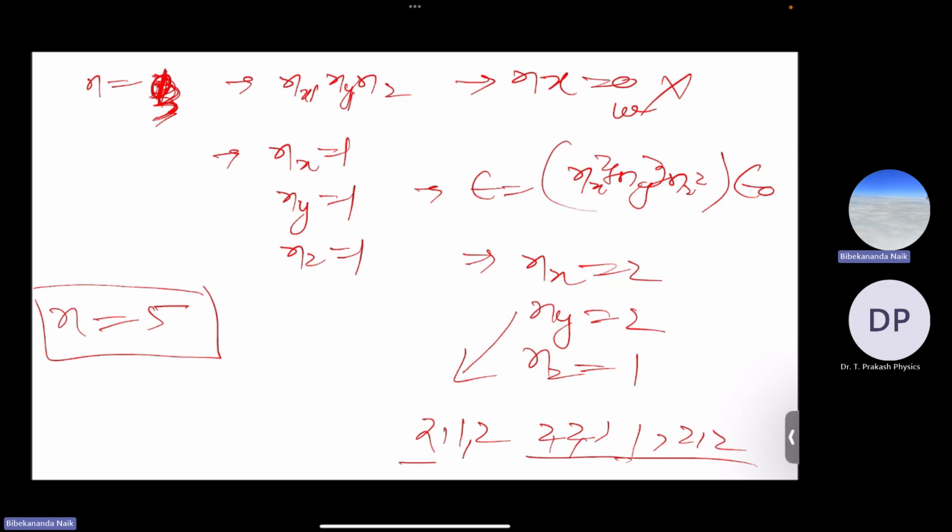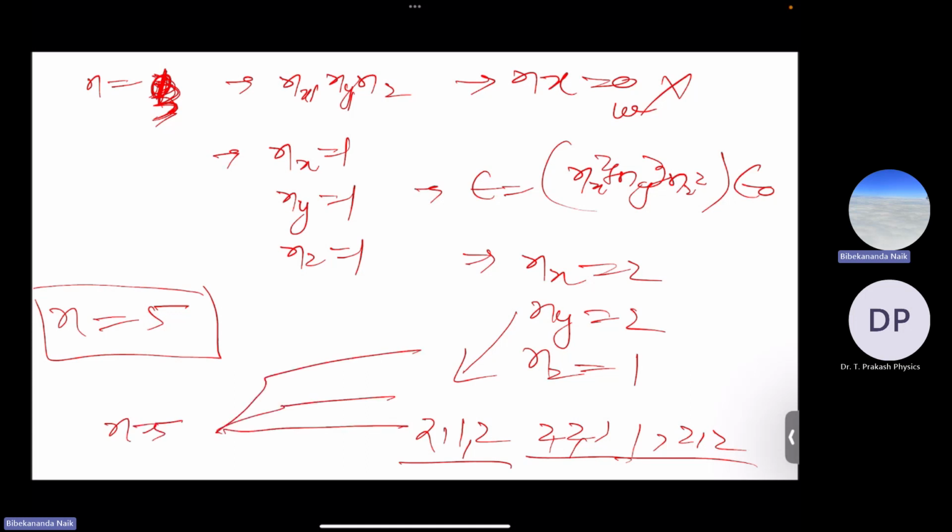So there are three types of conditions. You understood? In the previous case, with only one dimension, there is only one level because there is no degeneracy. But here there are three degeneracies. So suppose for n equal to 5, we have these three levels.